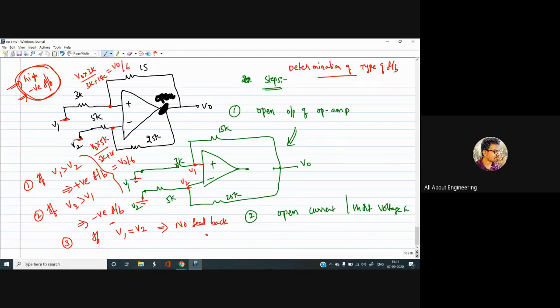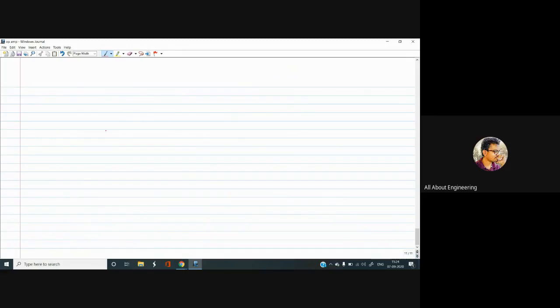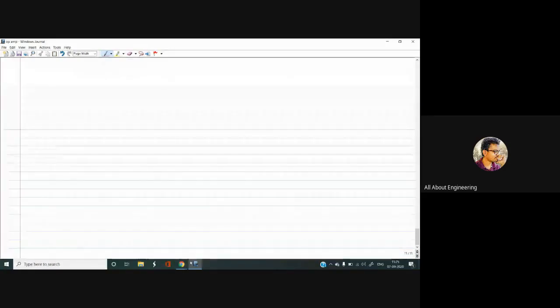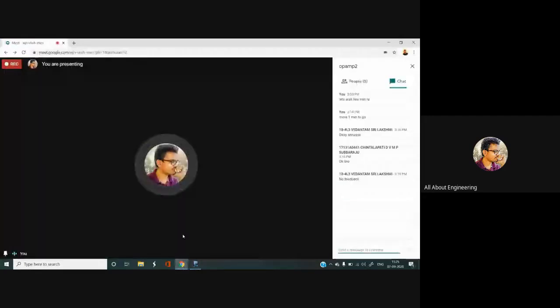From these two, you can say this voltage and this voltage are the same. So the answer for this question is no feedback. So don't get deceived by looking instantly at the question, but try to analyze it for a while, so that you won't commit any mistake while solving numerical questions.